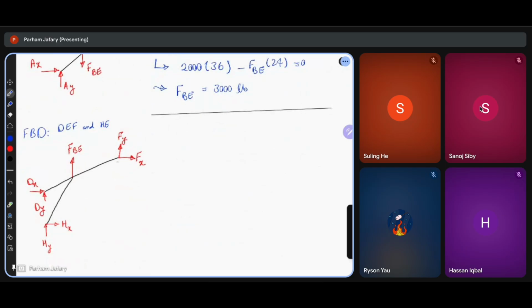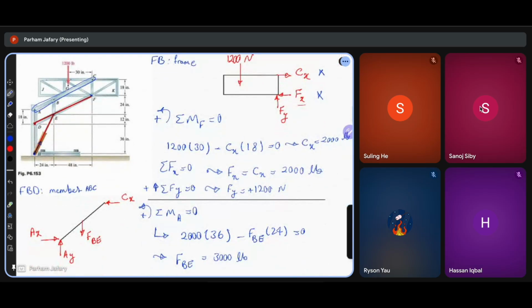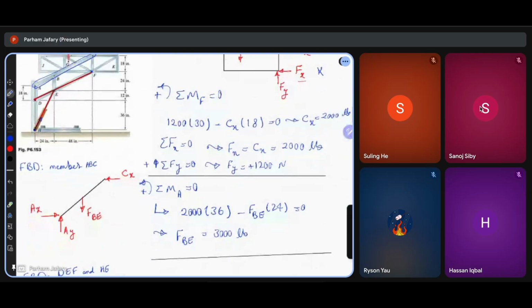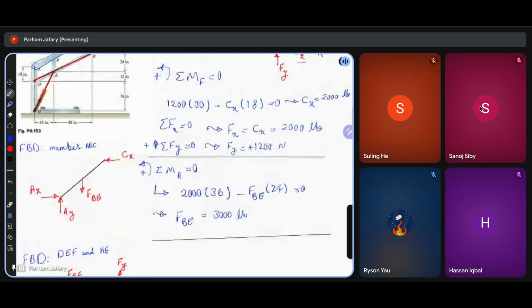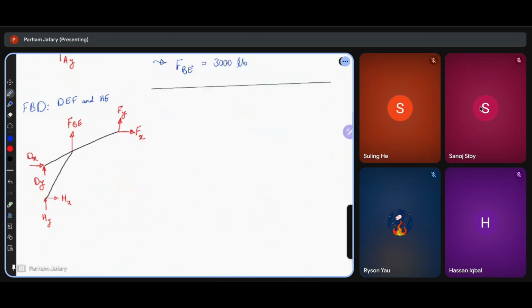So at one end, I have the unknowns of F. At the middle, I have F of BE, which I have already calculated. And I have the support at D. And then I have the cylinder force, HE. For simplicity, I'm just gonna leave it as H. Okay, what should I do now?